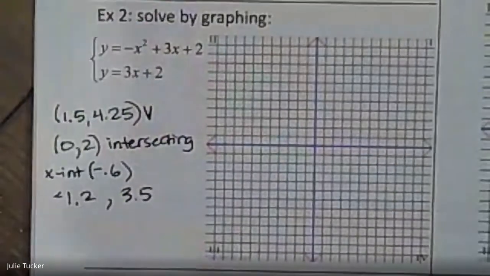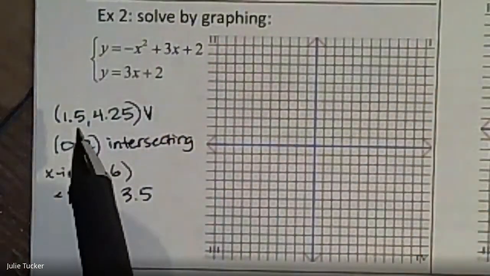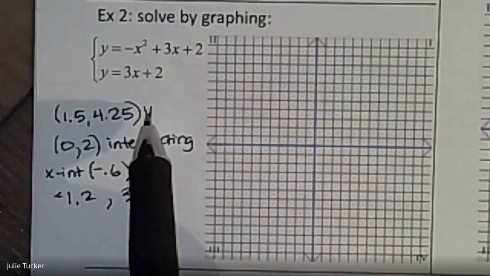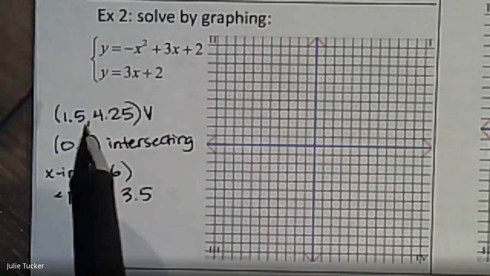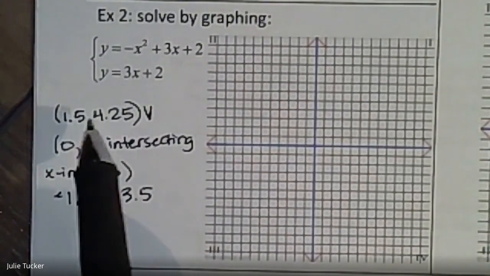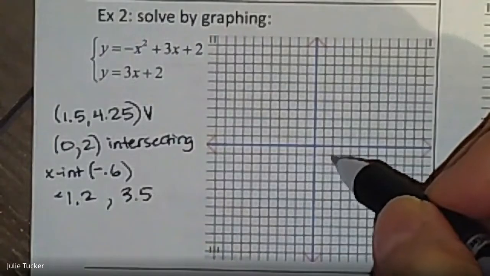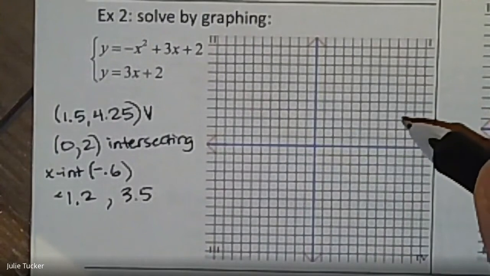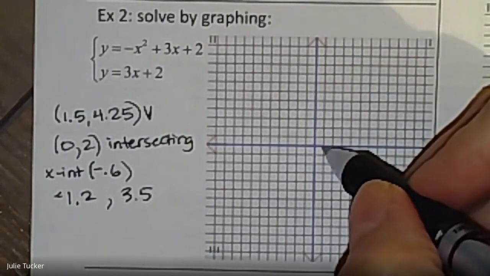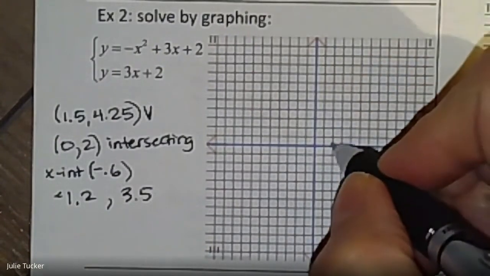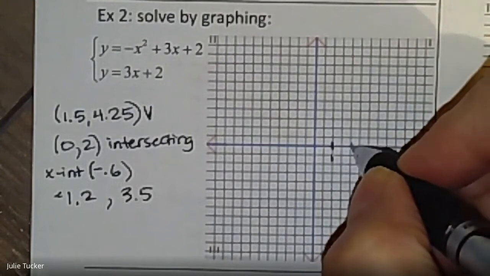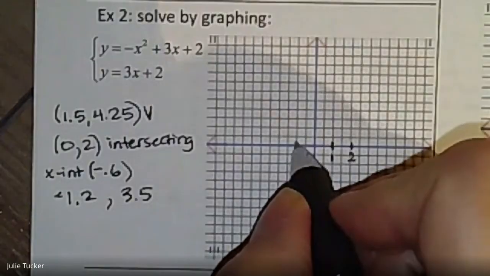Okay. So the first thing is, you see how I have a V there? That means that was the vertex. So the vertex was at 1.5, comma 4.25. I'm going to let every little square on here be a half. So this is 1, this is 2. This is -1.